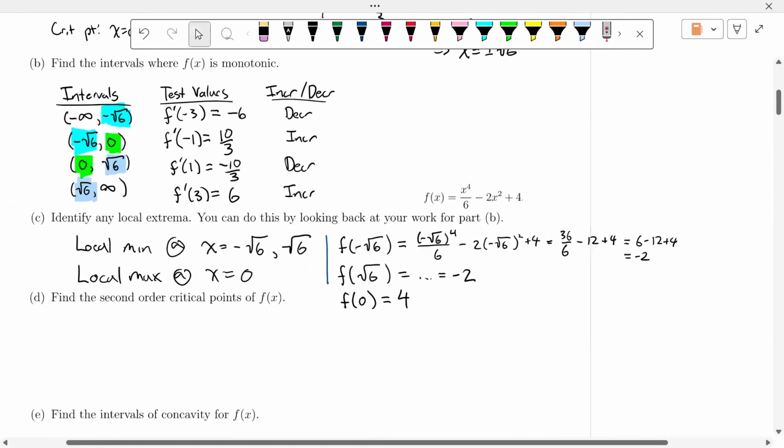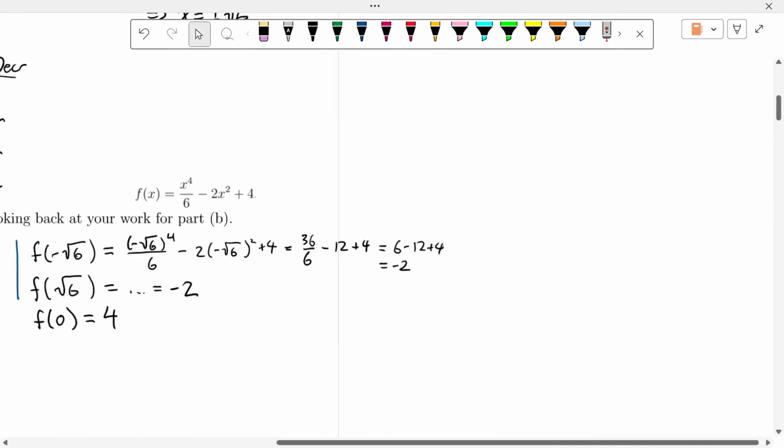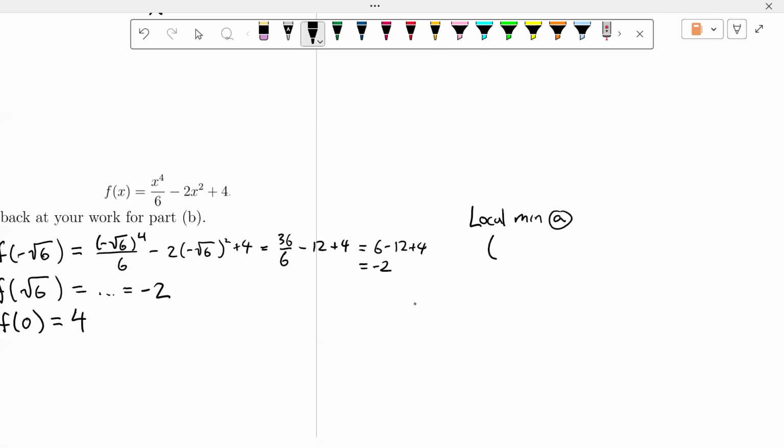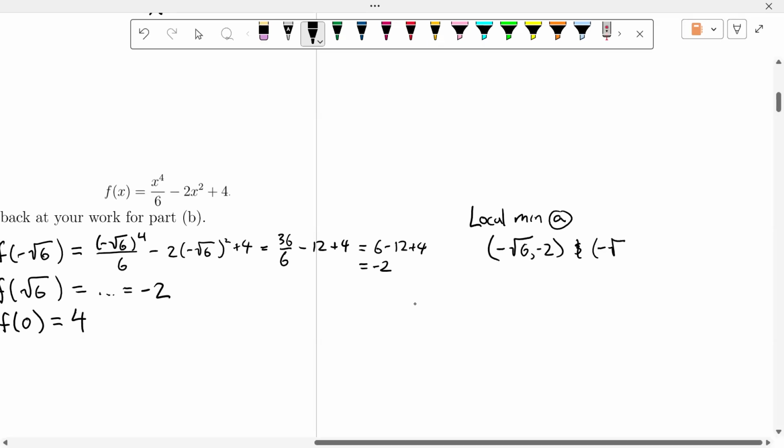All right. So I know this is a lot of writing I'm doing, and I didn't necessarily give you enough space, but I'm going to summarize what we just did here on the side. Basically, the local mins are at negative square root of 6, negative 2, and positive square root of 6, negative 2.